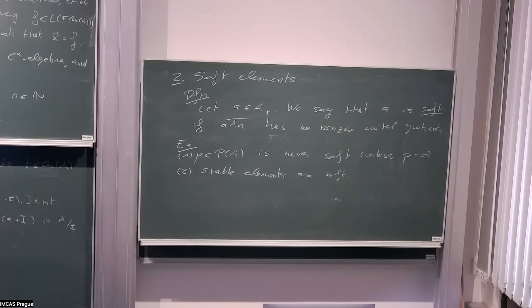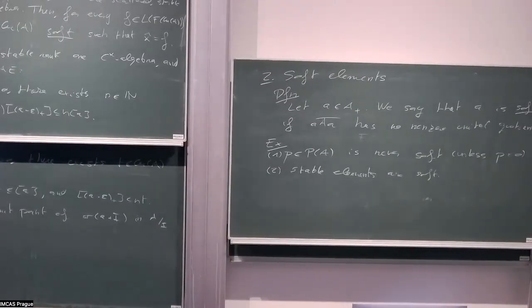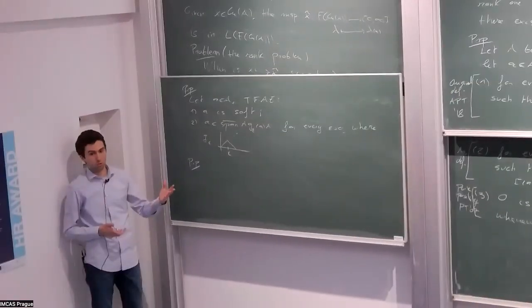And so, as I said, something that one can prove is that for stable rank 1 C-star algebras, you are not losing anything.